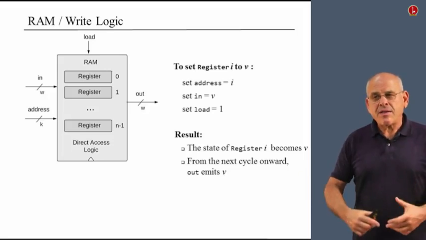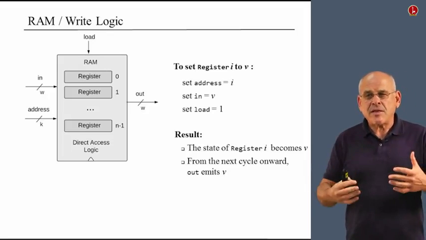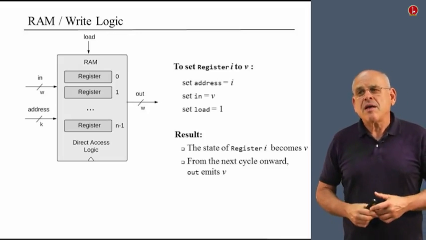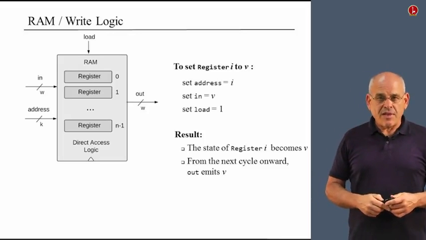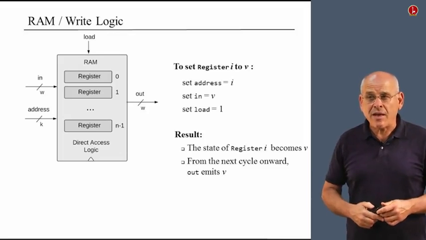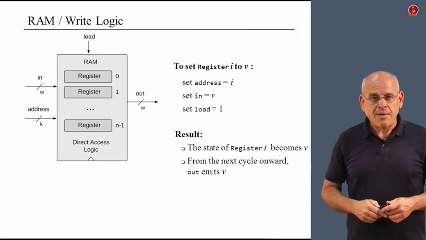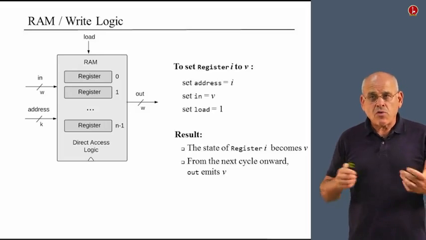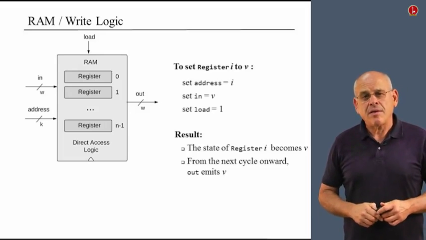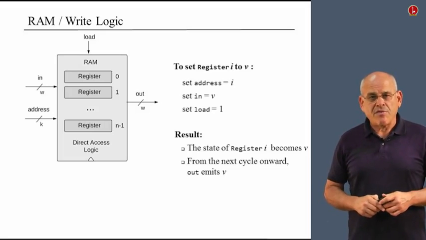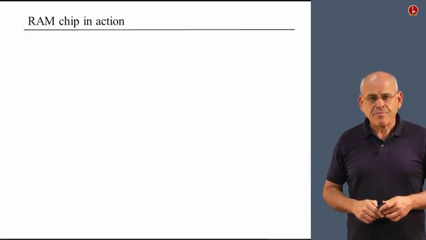And from now until further notice, register number 5 will contain the value 17 until we change it again using precisely the same procedure. So we know how to read and write individual registers from a given RAM device.